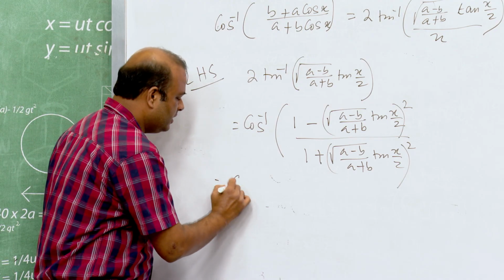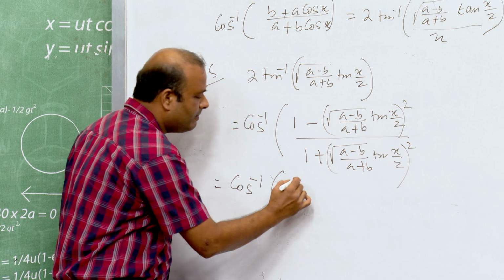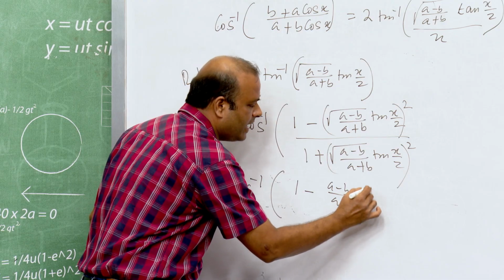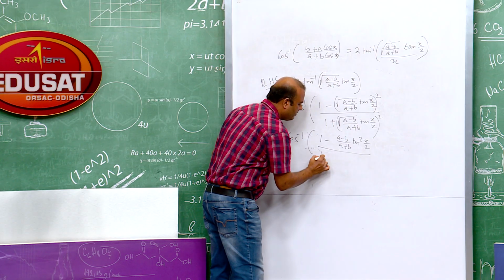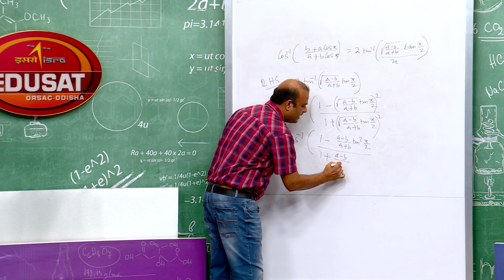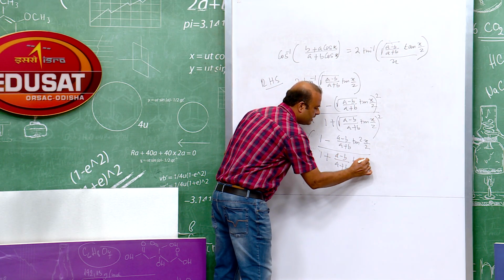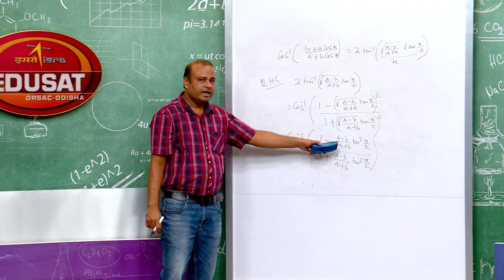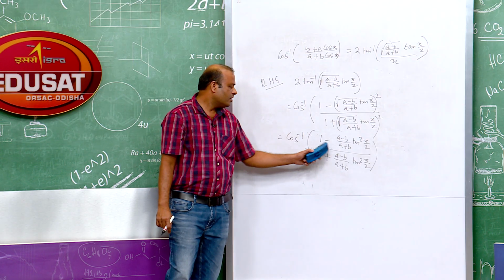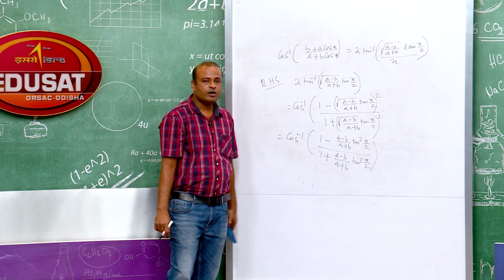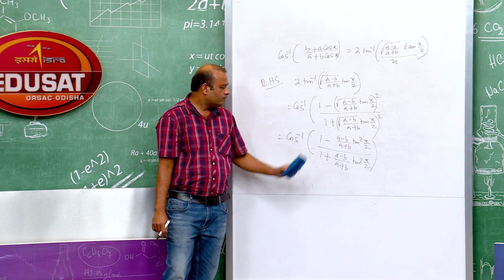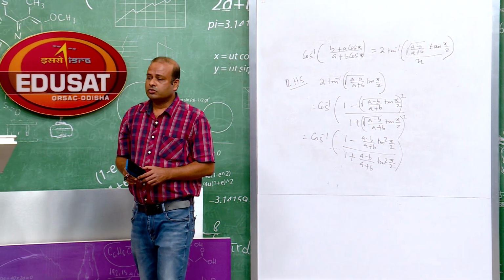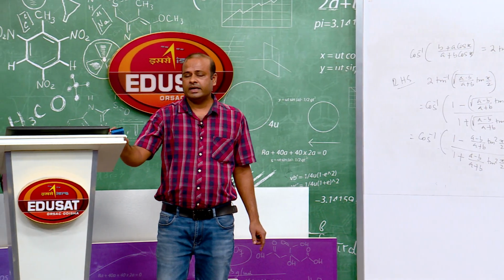Now cos inverse of (1 minus (a minus b) by (a plus b) tan square x by 2) divided by (1 plus (a minus b) by (a plus b) tan square x by 2), right? So now take the LCM a plus b, and here also take a common from the numerator and the denominator, and put the formula for cos 2x, you can get the LHS.